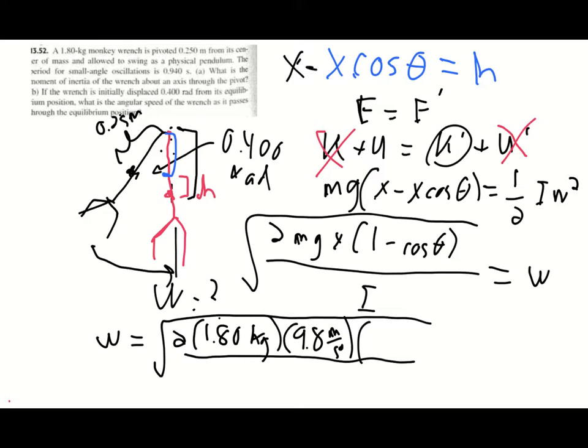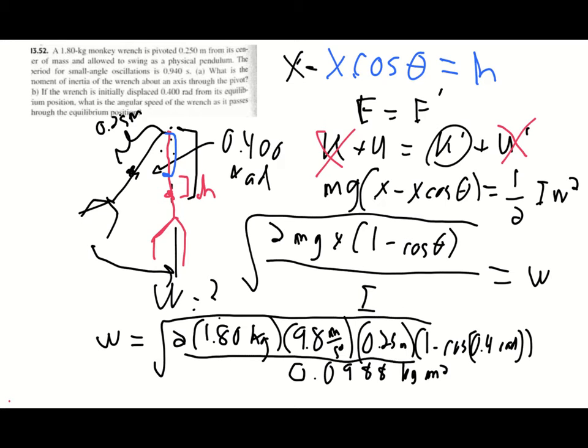Then x is going to be that same 0.25 meters, and it's going to be 1 minus the cosine of 0.4 radians. It's important to remember your calculator needs to be in radian mode to do that. And for the moment of inertia in the denominator, we solved for that before, 0.0988 kilogram meters squared.